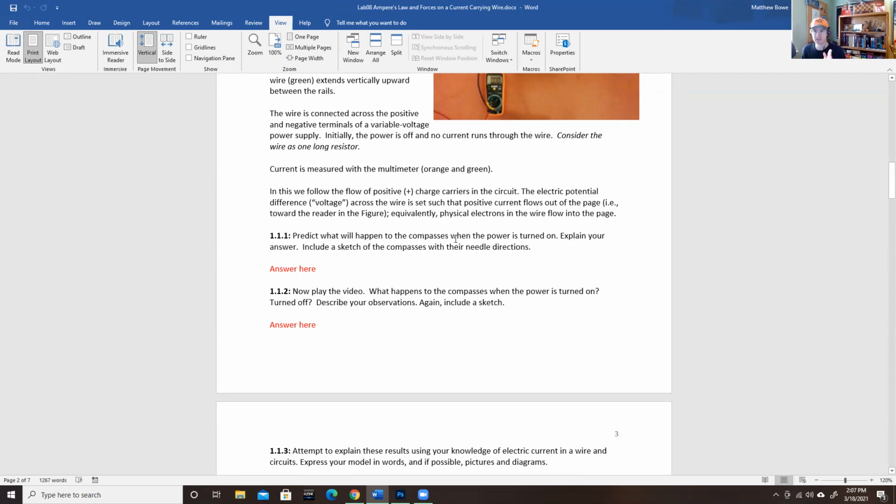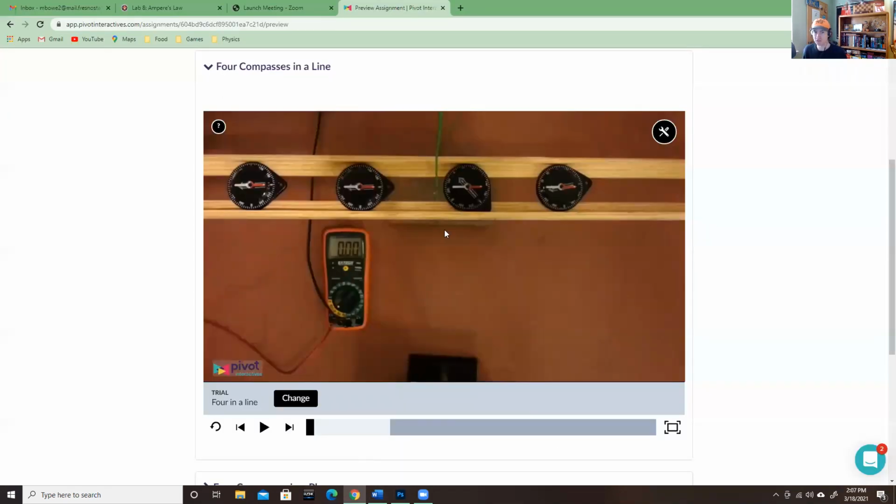I also want to see where the wire is and which direction the current's flowing in the wire. I believe from the pre-lab, the current is flowing towards us, going up the wire toward us. Okay, so that's the first part.